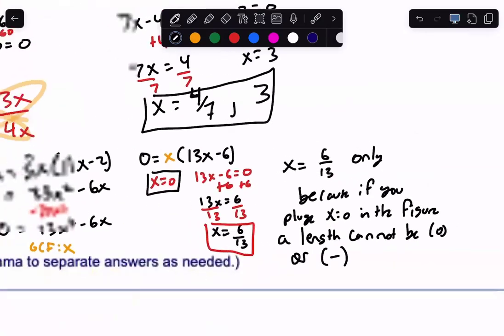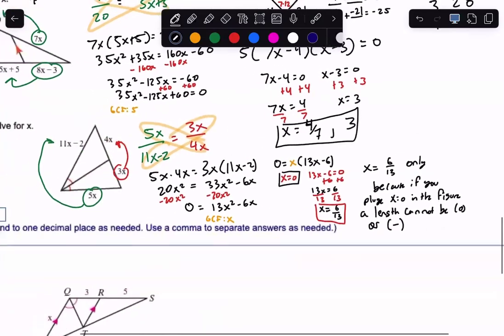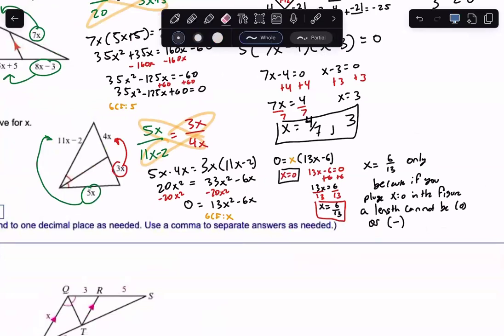So that's why the only answer for this is x equals 6 over 13. This one is not possible. So you have to be very careful. x equals 0 is not a possible solution. It can only be 6 over 13.